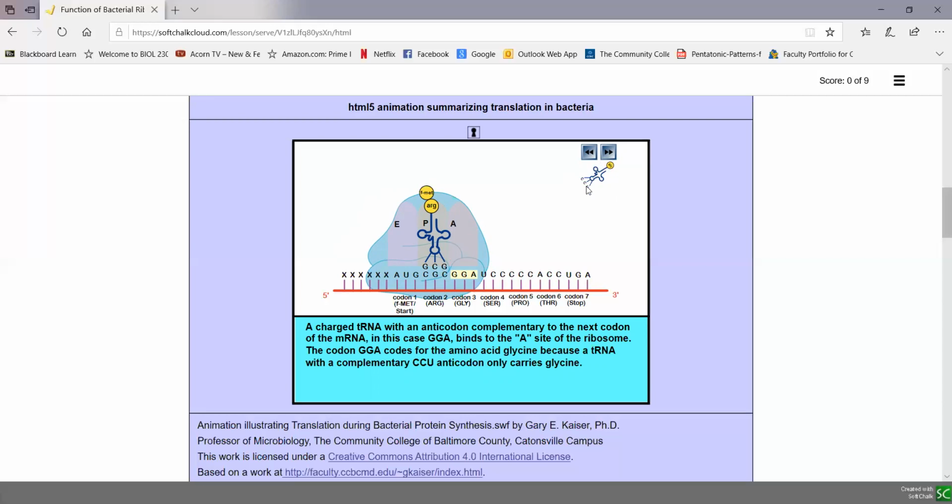And that transfer RNA can only carry the amino acid glycine. So the anticodon of that transfer RNA with CCU hydrogen bonds with GGA, inserting glycine in the proper place. At this point, the amino acids sitting on the transfer RNA in the P site move and form a peptide bond to the newest amino acid, in this case glycine, found at the A site.